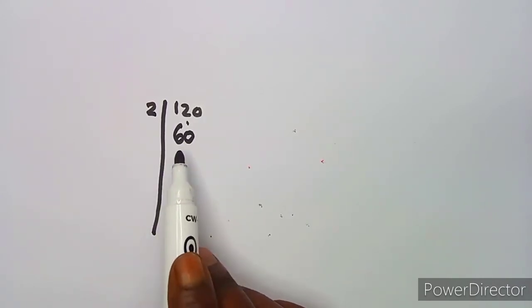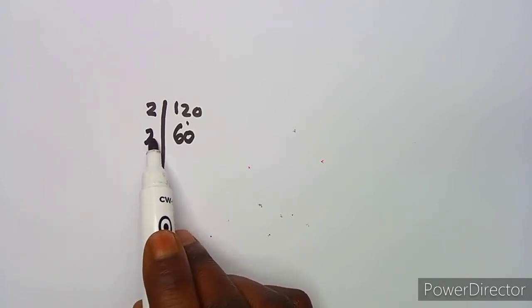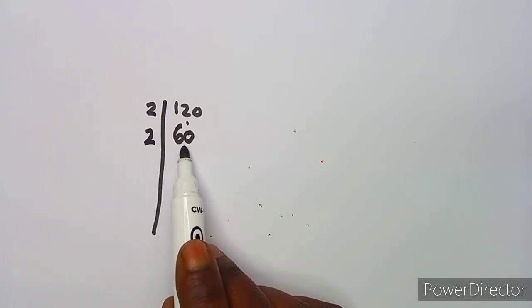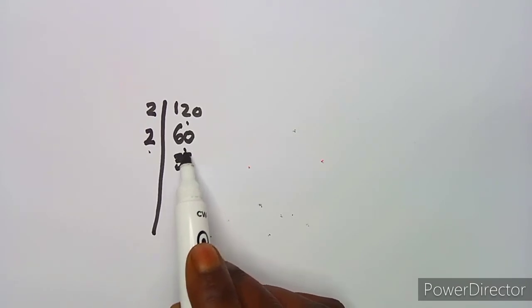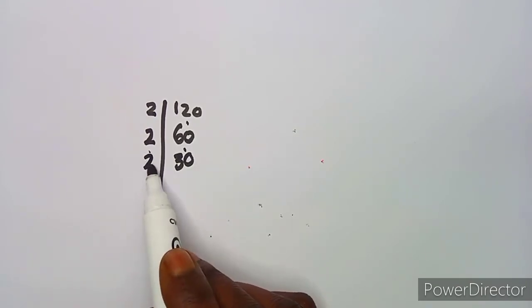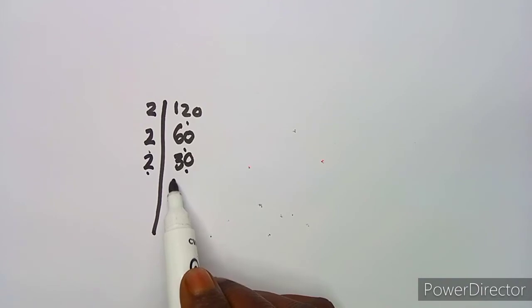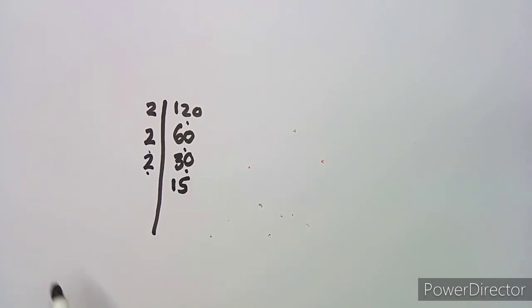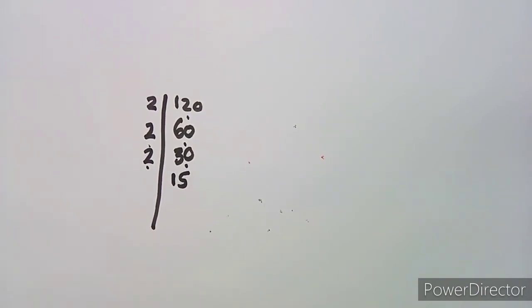You try again with 2, the smallest number. 60 divided by 2 is 30. You try 2 again, 30 divided by 2 gives us 15. As you can see now, 2 is no longer a factor of 15, because it leaves a remainder.